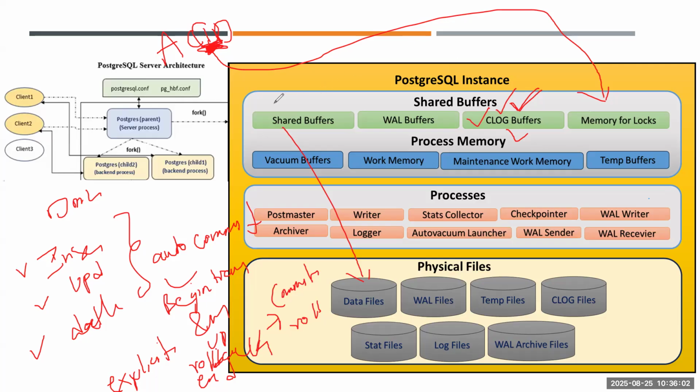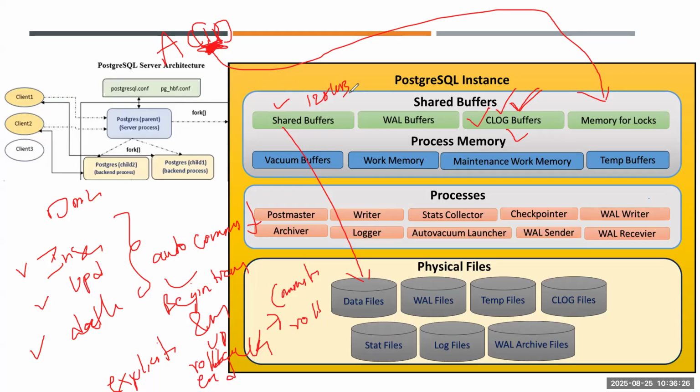We need to focus on the shared buffers. By default it is 128 KB, and you can set it to greater than or equal to 25%. Shared buffers are more powerful because your data is processed from the shared buffers only. Before it moves to the data files, every change is registered in the WAL files.